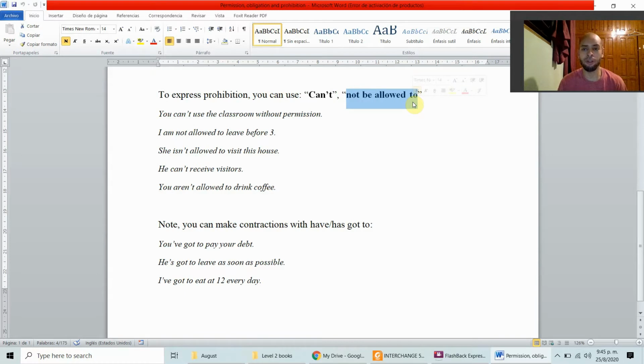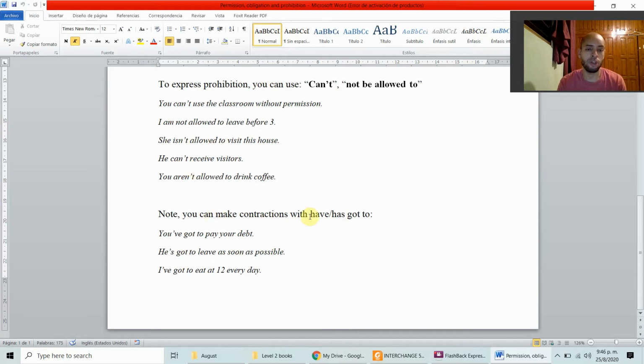If we use a modal, for example, should. You should not be allowed to. So, since we are using it as the base form of the verb, we have to use it this way. Not be allowed to. But here, of course, we use be, not, and then allowed to.